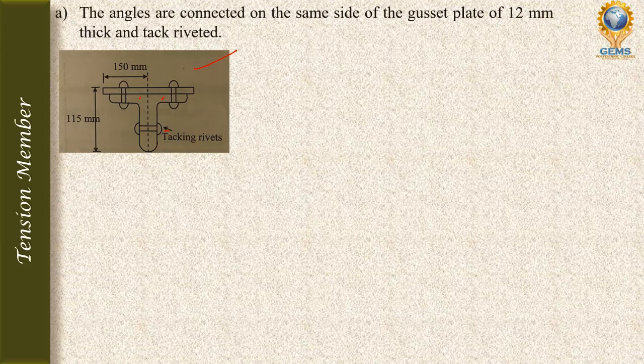By this condition, we have to find the tensile strength. So how can we find the tensile strength of the member? Area of the net into sigma AT. So sigma AT is equal to 0.6 Fy, that is 0.6 into 250, that is equal to 150 Newton per mm square.